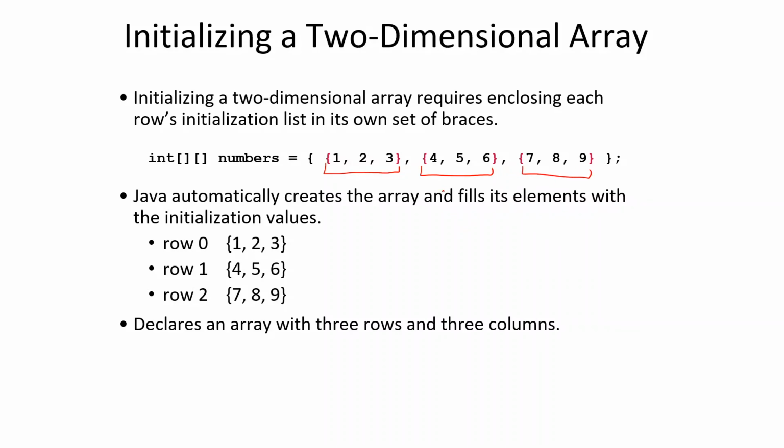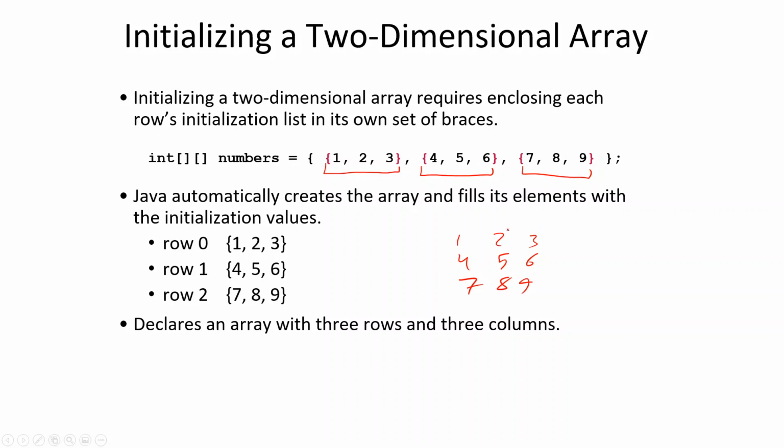So for the outer curly braces, each group is an element separated by a comma, and inside each of these elements is another set separated by commas: 1, 2, 3. That is going to create the 1, 2, 3, 4, 5, 6, 7, 8, 9 array. That tells me I have 3 rows, and in each row I have 3 columns. So that's 3 by 3, 9 elements.